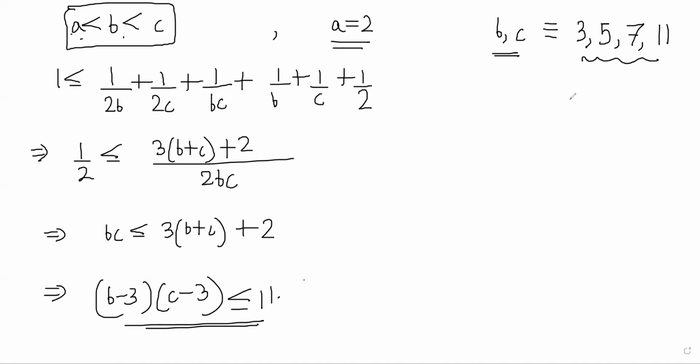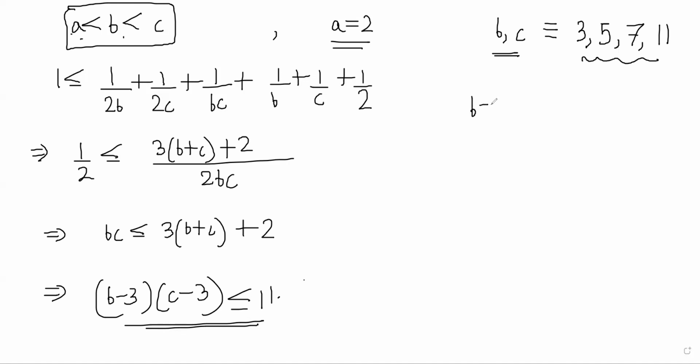So you can check these conditions. So if you take B as 3, C could be anything, right? B minus 3, C minus 3 has to be less than 11.